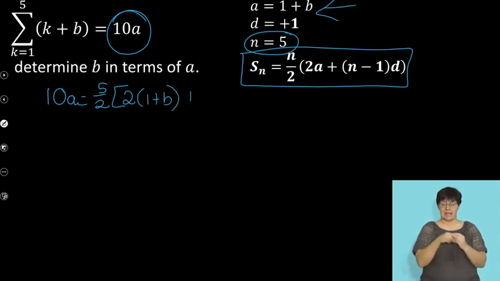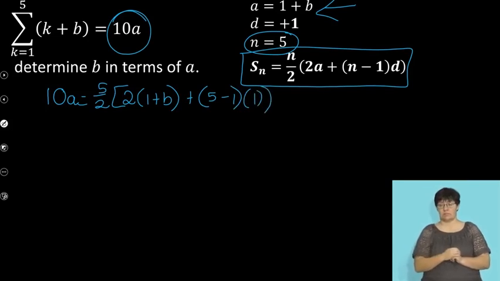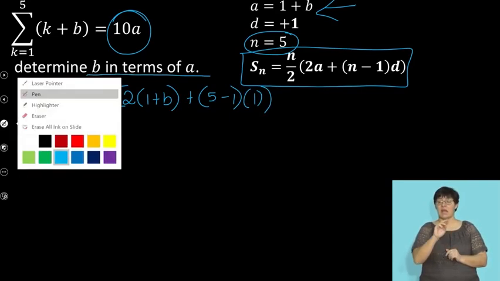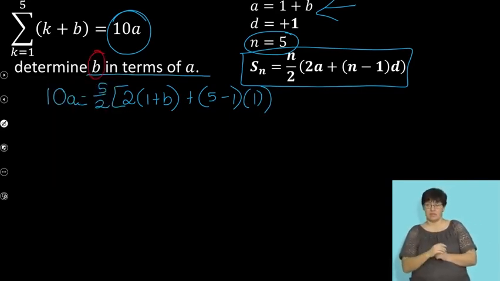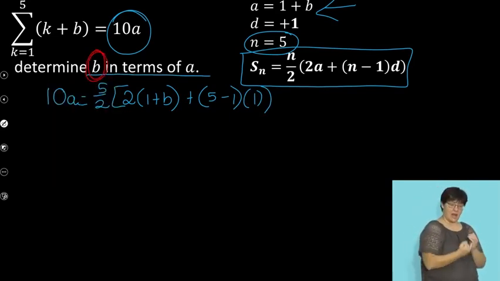Then I'm going to add that to n minus 1, which is 5 minus 1, because I know n is 5. And my common difference we discussed a bit earlier is 1. Please remember, I'm determining b in terms of a. So my whole goal is to get b by itself.